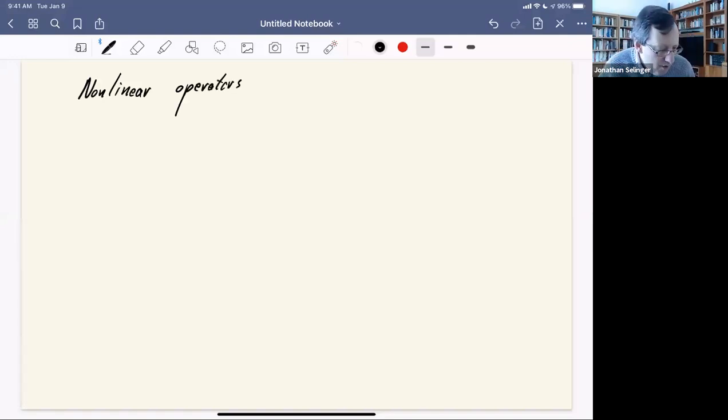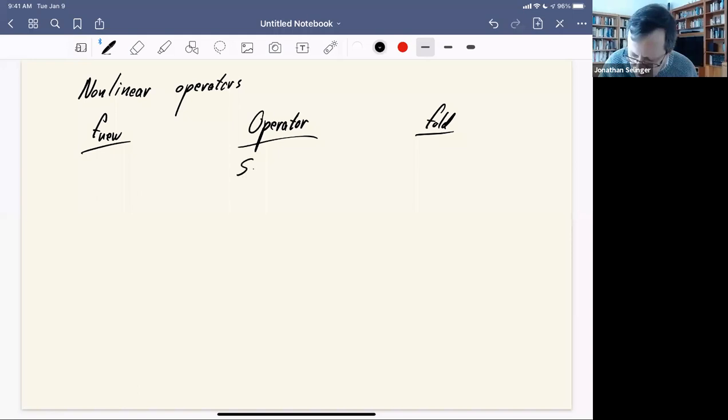Let's see, I want to make my table here for operator, f old, f new. So I could have an operator that's called square the function. I don't have a good notation for that. I'll call it square the function hat.